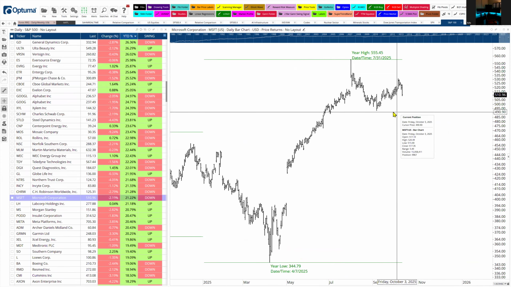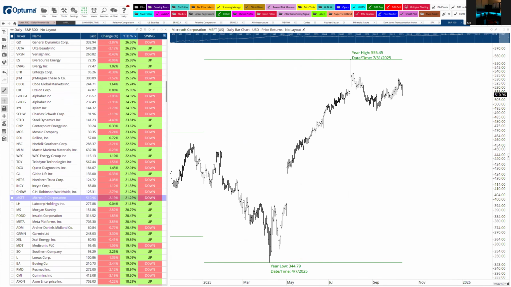Microsoft, is it a three-wave move? Is Microsoft doing something the same as this? Or it doesn't look like a five-wave move. Let's say if we really push it down: 1, 2, 3, 4.